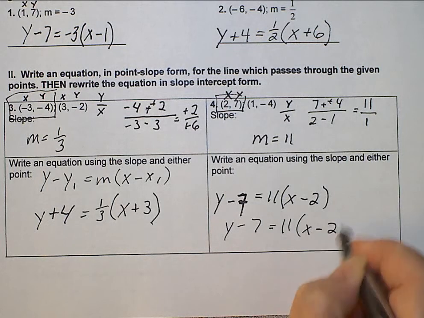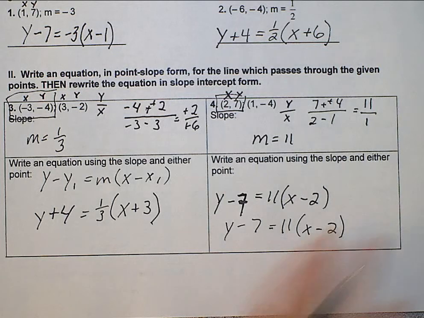Now who can tell me what this is called when it is in this form? Anybody remember? Point slope form is right.